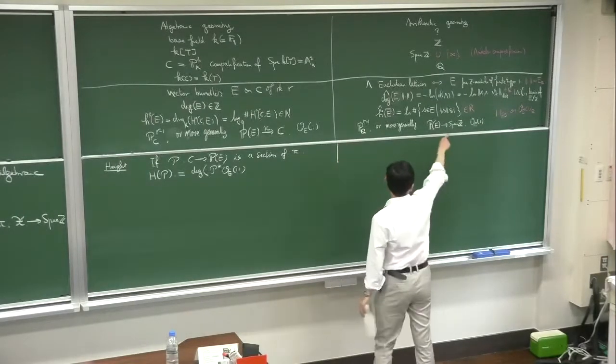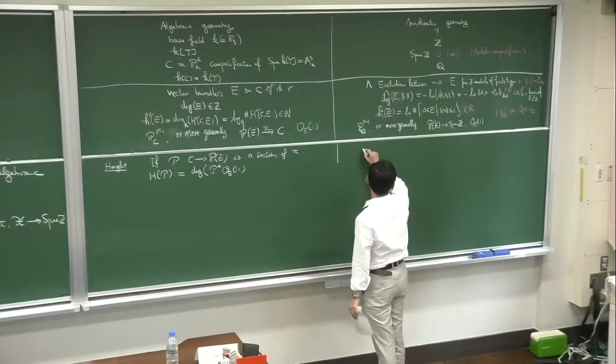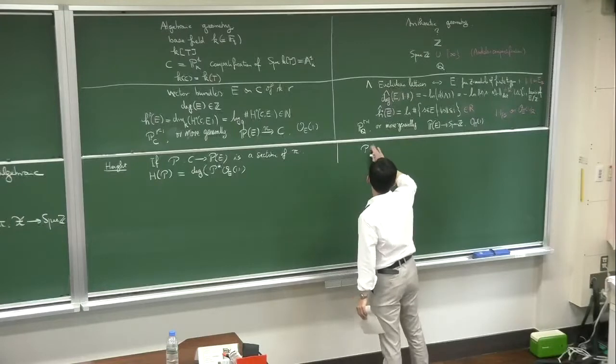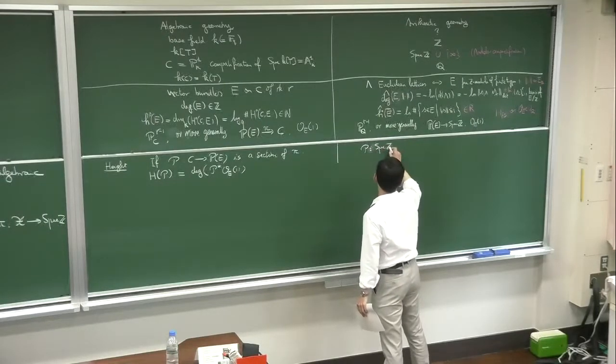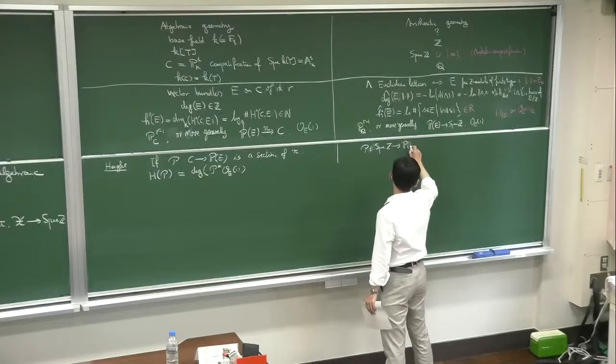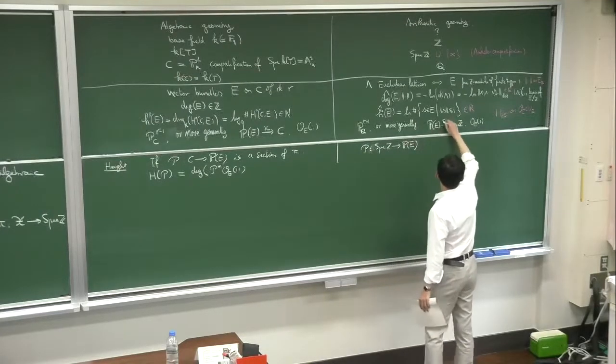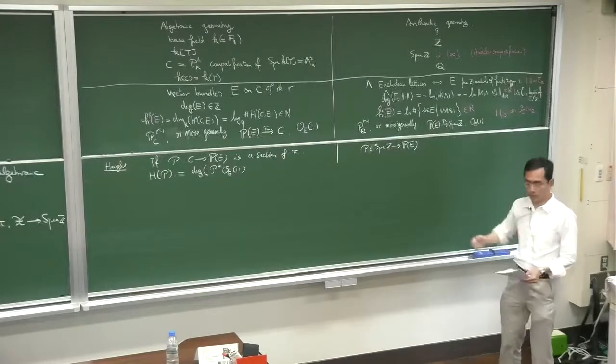On the arithmetic side, you have almost the same thing. You take some P, which is a section of this variety.